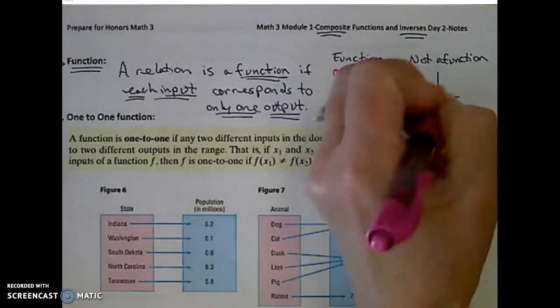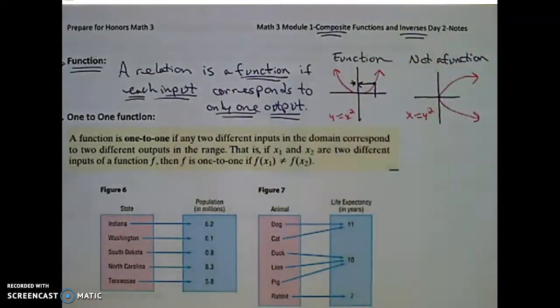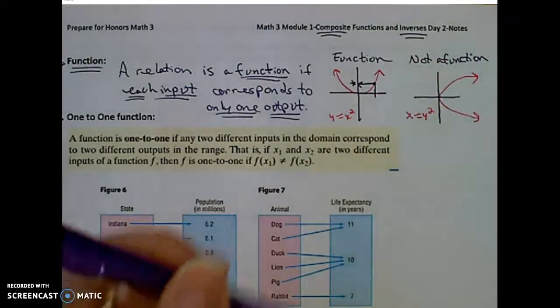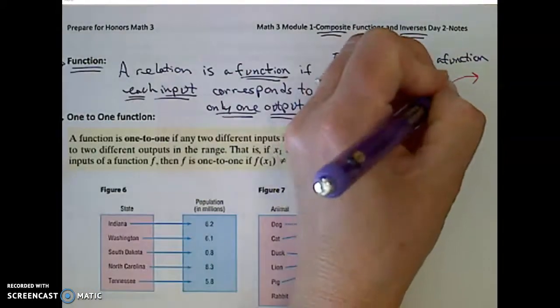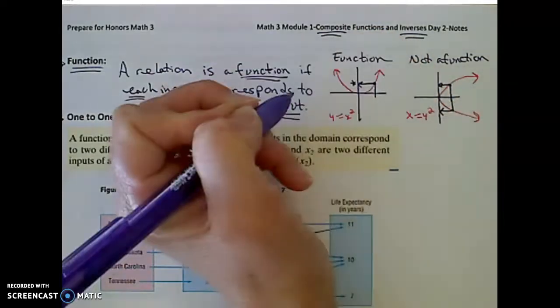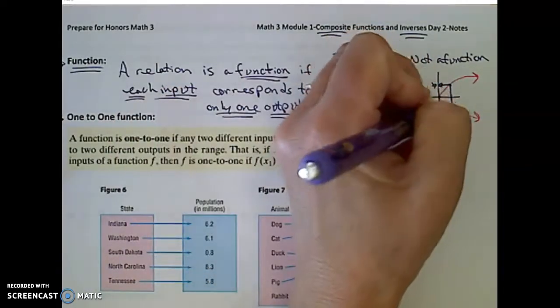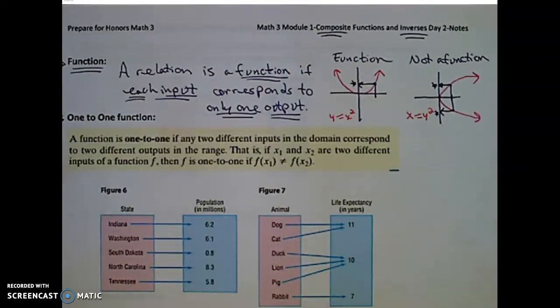Our sideways parabola is not a function because I can find an input, this x value, that corresponds to more than one output. I can find an input, many of them, that correspond to more than one output. So that sideways parabola is not a function.